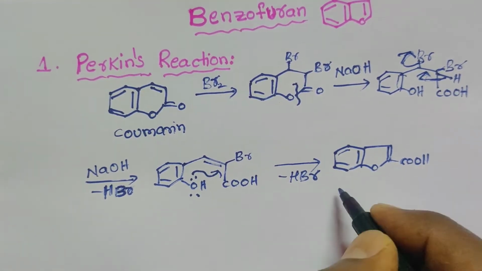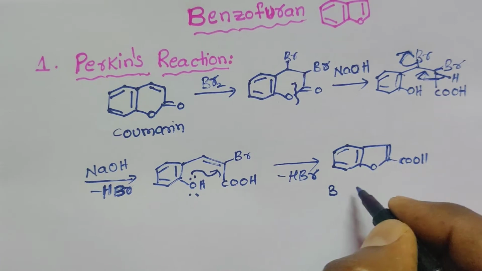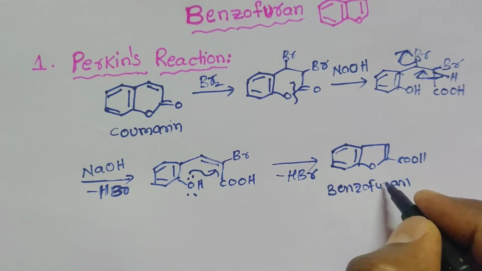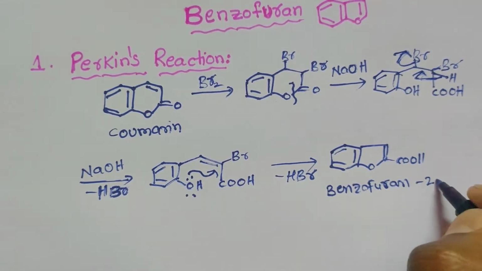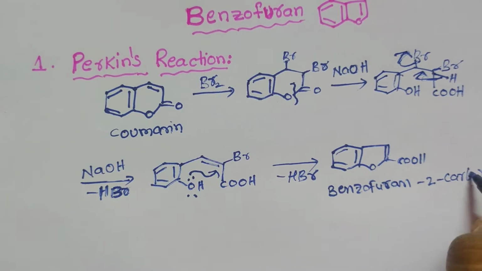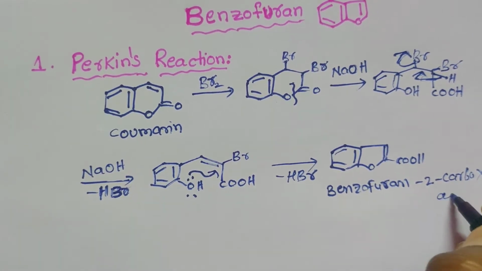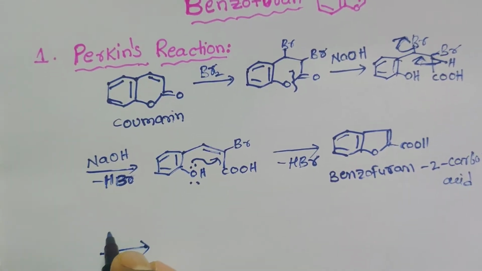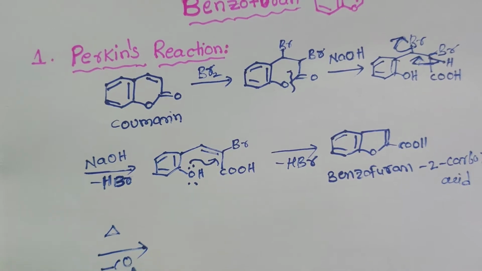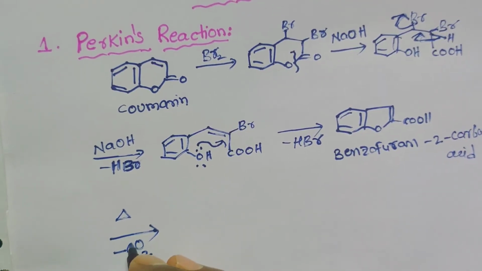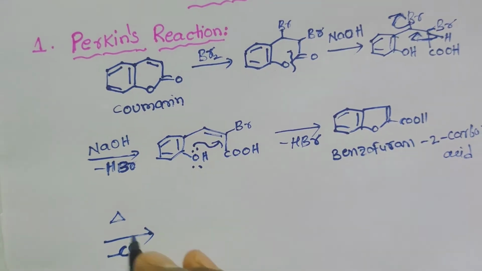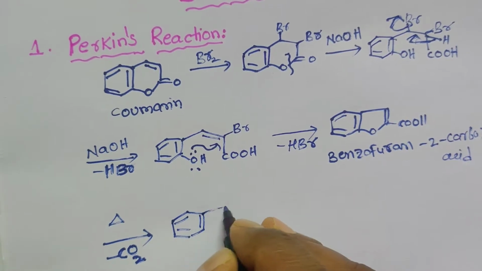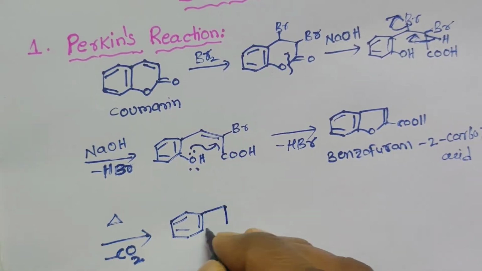We can call it the benzofuran 2 carboxylic acid. This benzofuran 2 carboxylic acid on heating loses the carbon dioxide molecule and we get the benzofuran, like this.